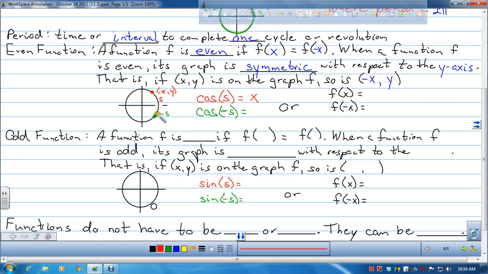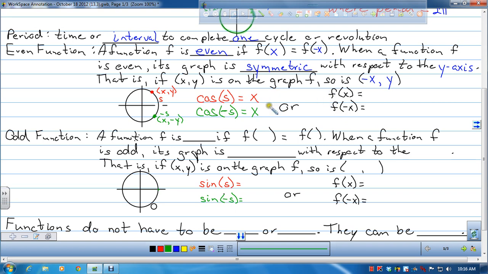Negative s would be this direction, and in those coordinates it would still be a positive x, but it would be a negative y. Well, the cosine value is x, so therefore cosine is an even function, because when we plug in a value and its opposite, we get the same value for both.